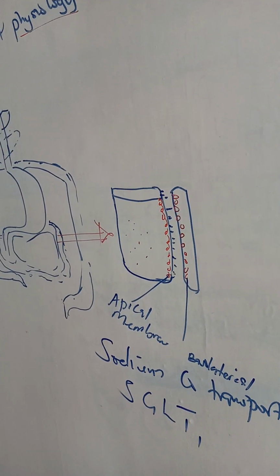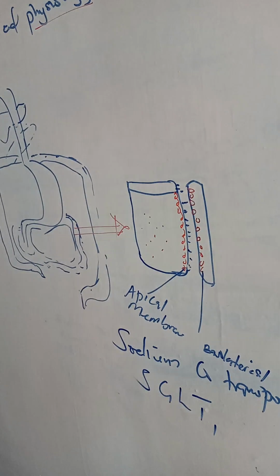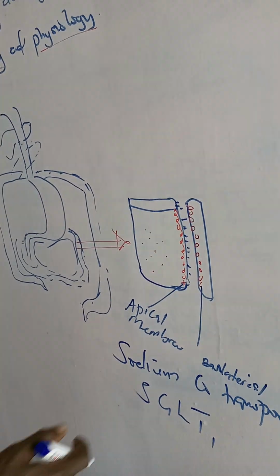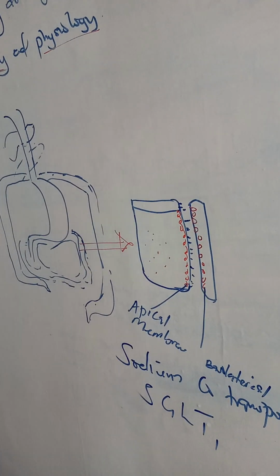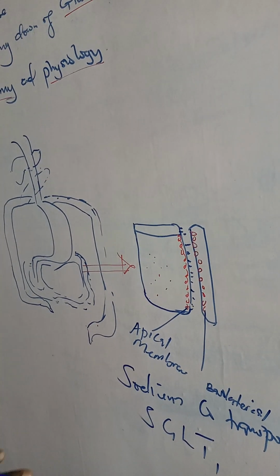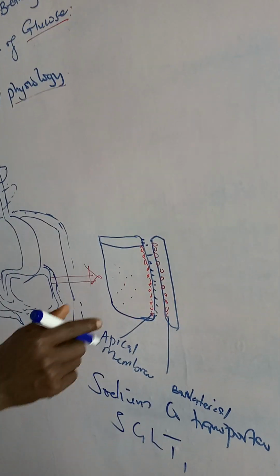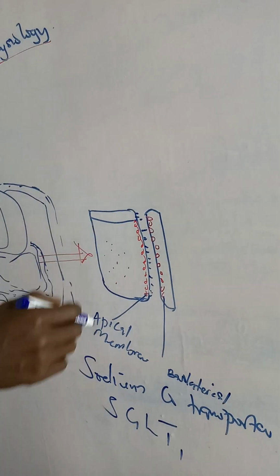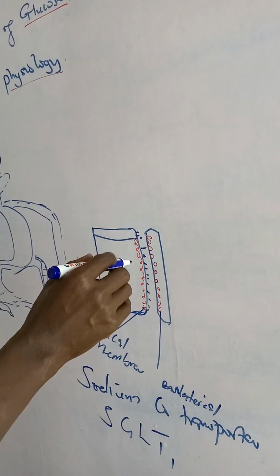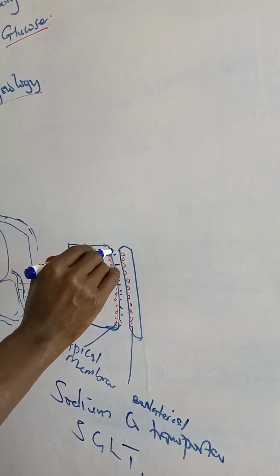When the glucose reaches the bloodstream, it will therefore move to the liver.